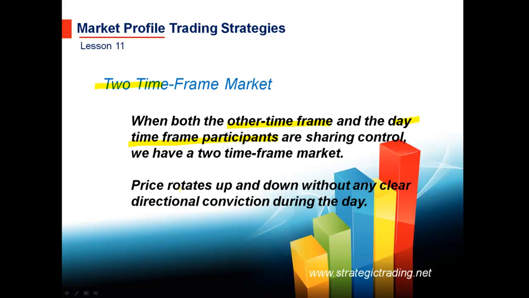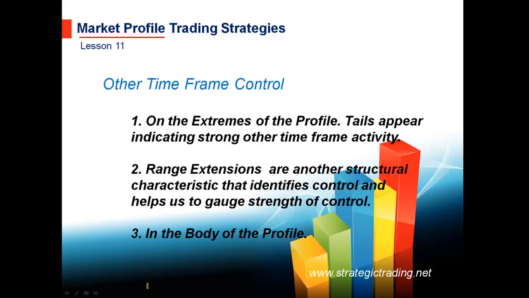So what we end up seeing during those days is price rotates up and down without any clear directional conviction during the day, until we get a period where all of a sudden a single time frame market participant begins to take control. The other time frame control is identified for us, or we can always detect it when we see the following types of evidence.